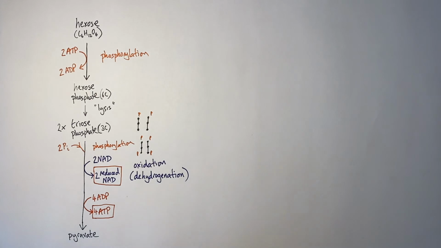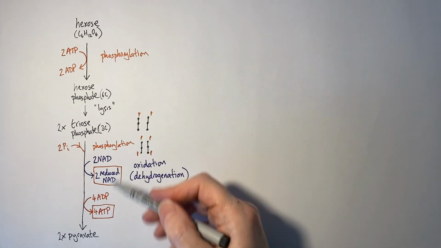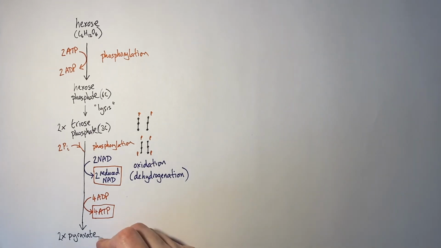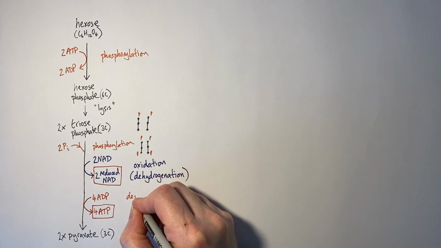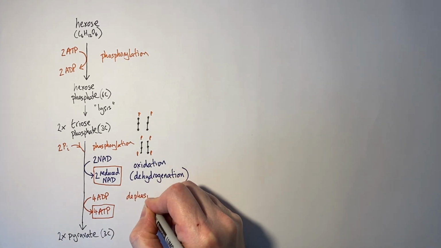And then finally, because we started off with 2 triose phosphates, we end up with 2 pyruvate molecules. And if you look, there's no loss of carbon. So each pyruvate molecule is made of 3 carbon atoms. That process is a dephosphorylation.